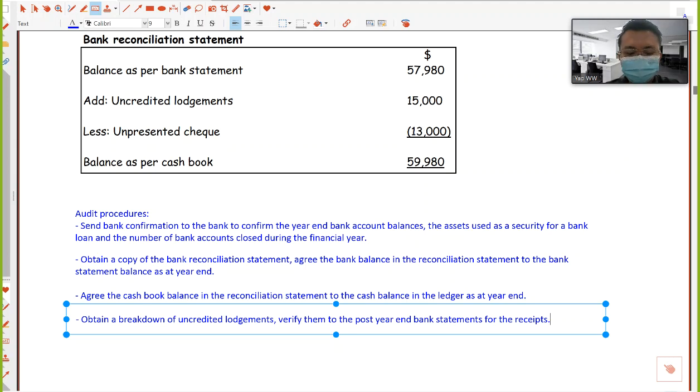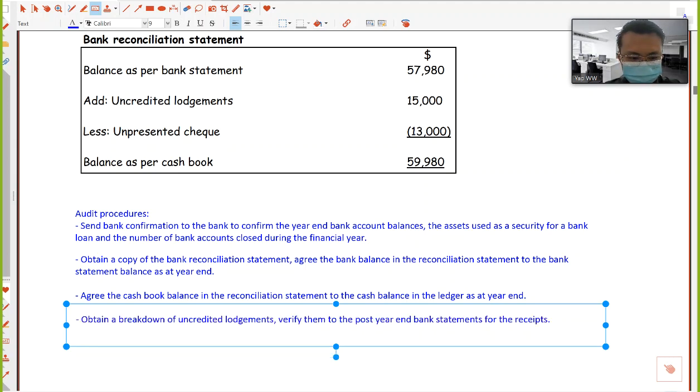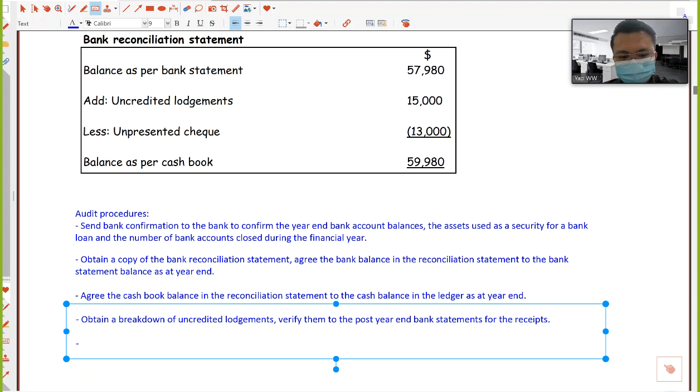Okay, we stop. Yeah, you get a breakdown of the uncredited lodgement. Verify them to the bank statement after the year-end. So you see the money actually coming in, then you can believe that the uncredited lodgement are real one.